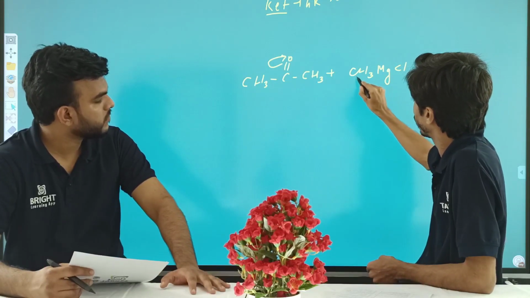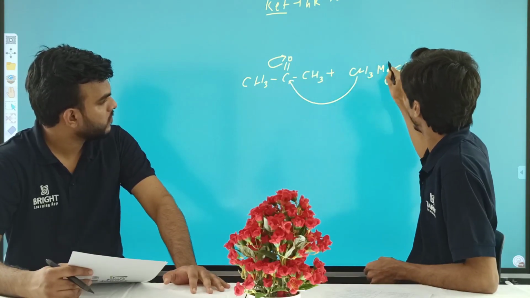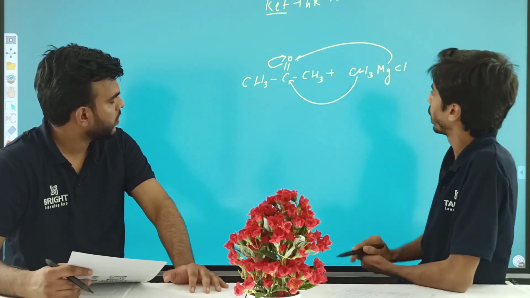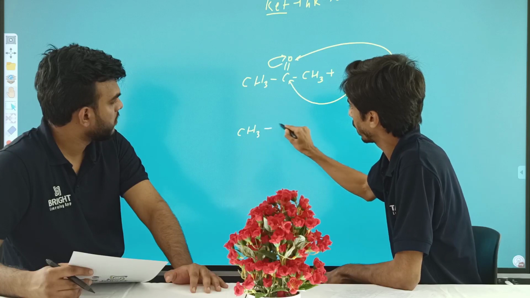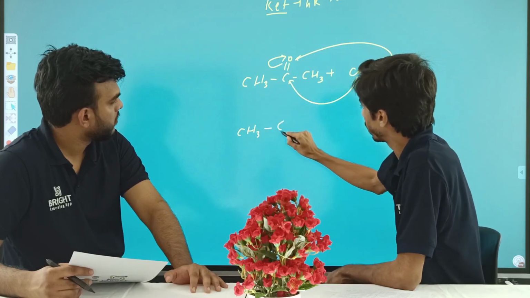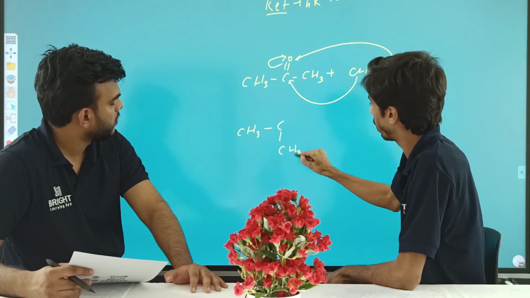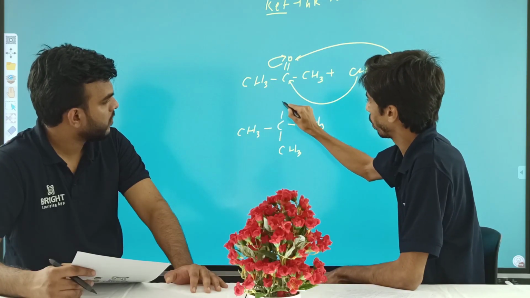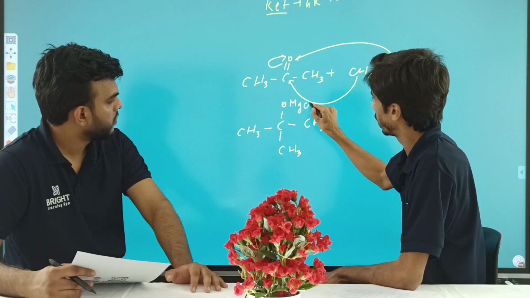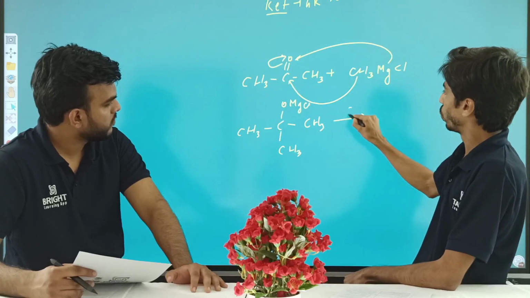So the CH3 group will go to this carbon and MgCl will go to oxygen. We'll get a complex, something like CH3, CH3 from our Grignard reagent, and OMgCl. Now we'll go to hydrolysis, H2O.